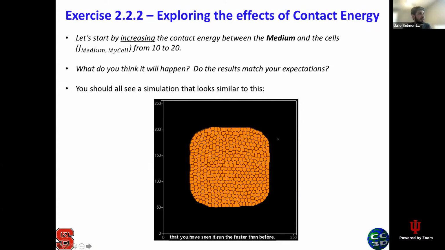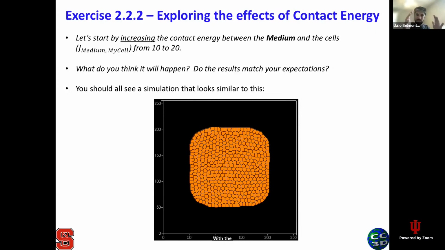It is basically because with a higher energy between the cells and the external medium, the tissue wants to minimize its surface with the medium, so that causes a compaction of the tissue.